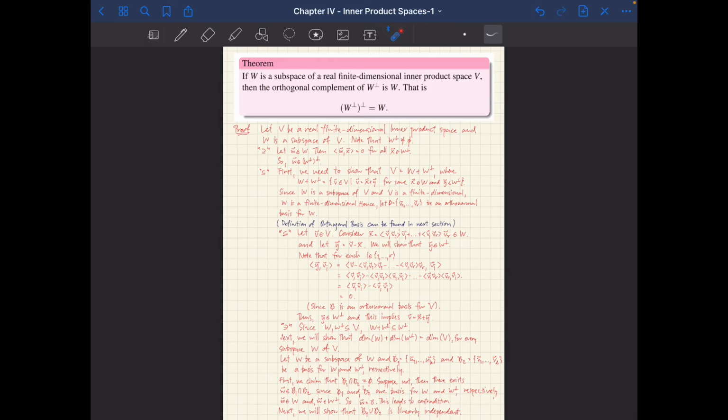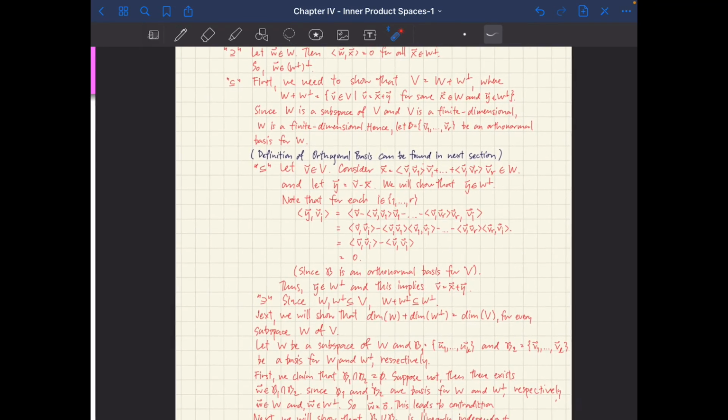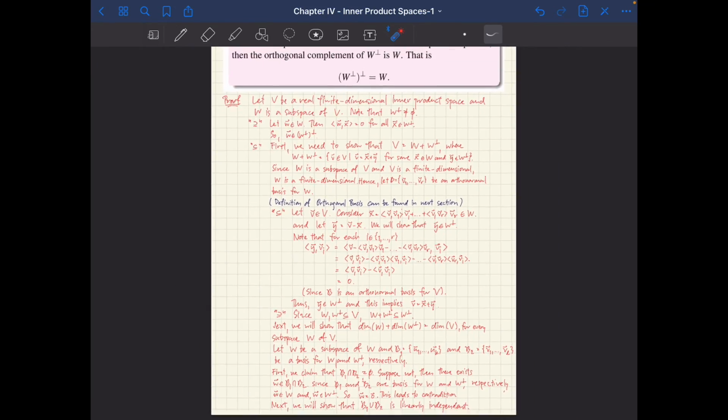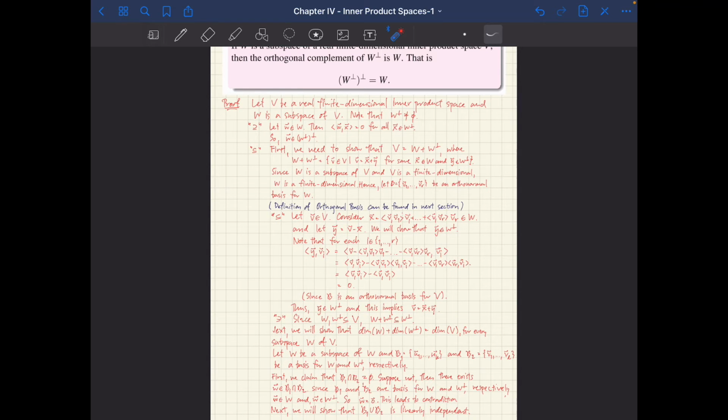For the case that W perp perp is a subset of W, I will give you a sketch proof.